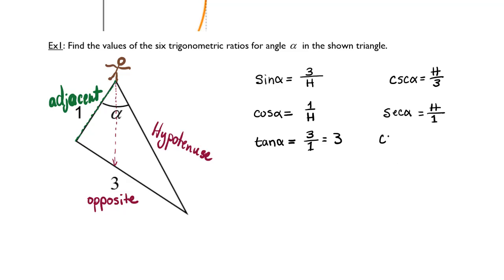And cotangent of alpha is just going to be 1 over 3. Now remember, sine is opposite over hypotenuse. Cosine is adjacent over hypotenuse. Tangent is opposite over adjacent. So SOHCAHTOA.